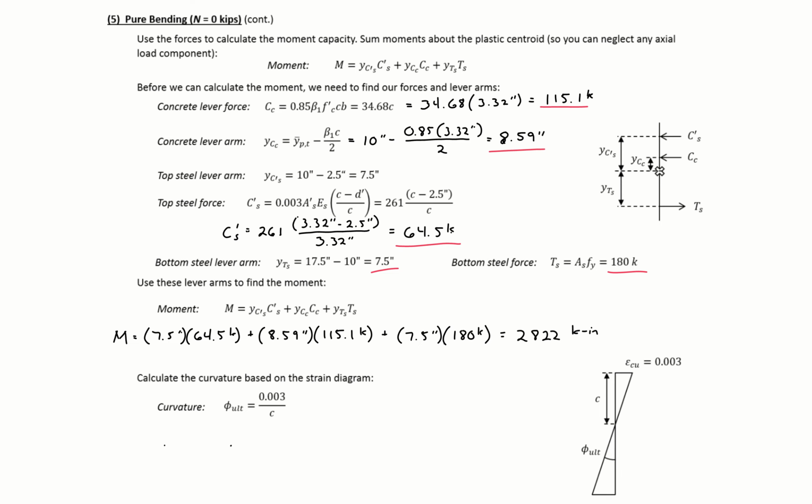We can find our curvature then, 0.003 divided by our C, to give us a curvature at this point of 9.04 times 10 to the negative fourth radians per inch. So this is our curvature and our moment at our pure bending point.